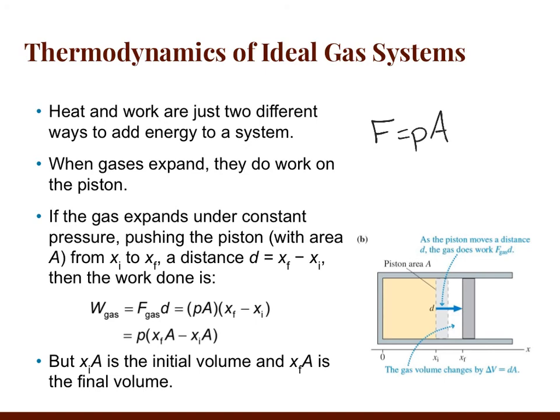And if it moves a distance d with a constant pressure, or a distance delta x, you're going to get that the work equals that force, P times A, times delta x. And that A times delta x is a volume. So you could say that the work done by a gas on the piston equals pressure times volume.